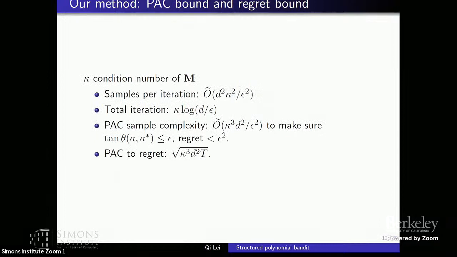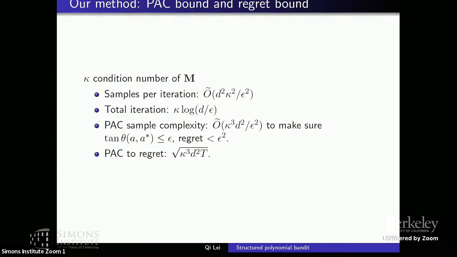So here we analyze what we require. For each iteration, to get a small enough noise, we will need d squared kappa squared over epsilon squared samples to get an error of epsilon over kappa. And because power method has linear convergence, the total iteration is log factor of d over epsilon.